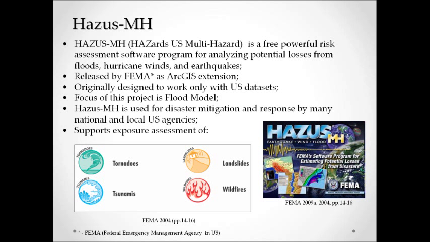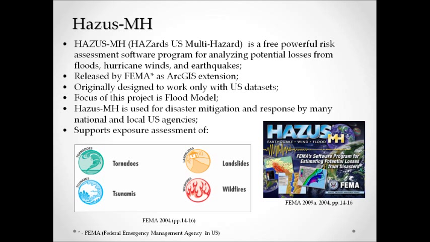HAZUS-MH, the abbreviation for Hazards US Multi-Hazard, is a free, powerful risk assessment tool for analyzing potential losses from floods, hurricane winds, and earthquakes. This software was released by FEMA, and it acts as an ArcGIS extension. That is a very huge advantage because inputs and outputs you can process directly in ArcGIS. But the problem is that originally this software, HAZUS-MH, is designed to work only with US datasets.